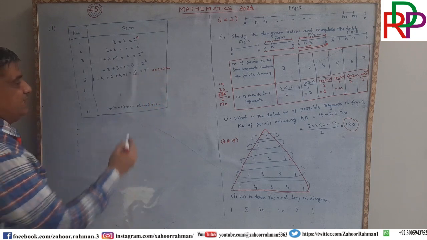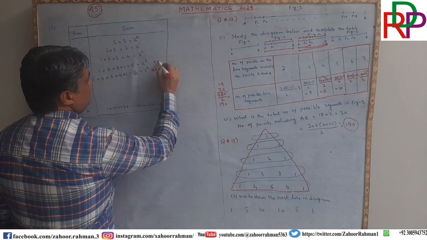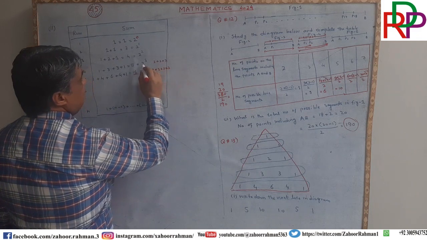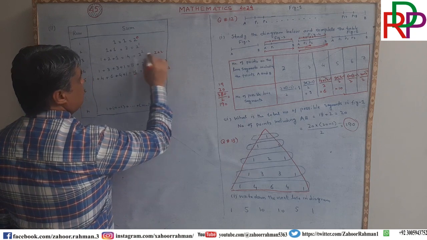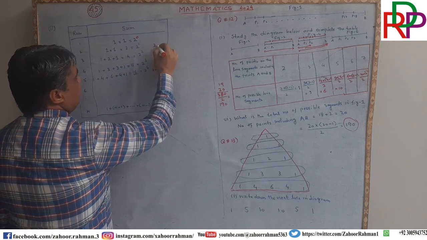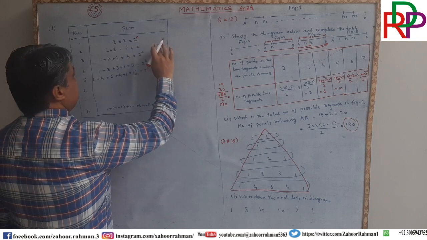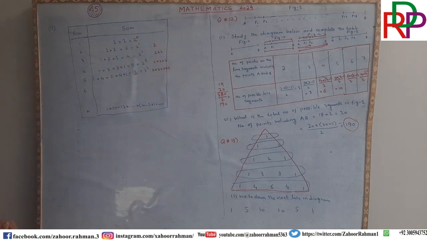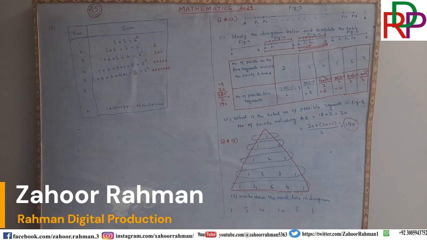And 2 raised to the power 0 is 1, since anything raised to the power 0 is 1.